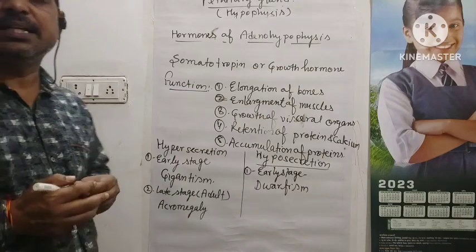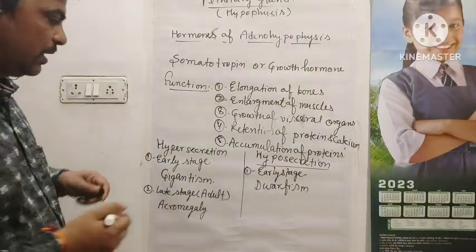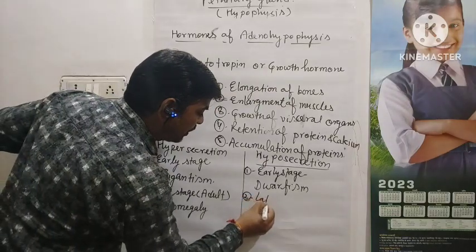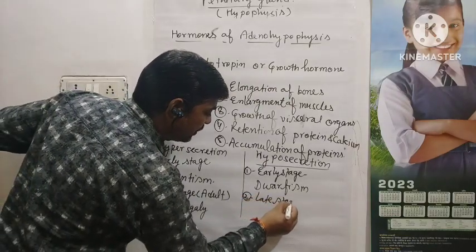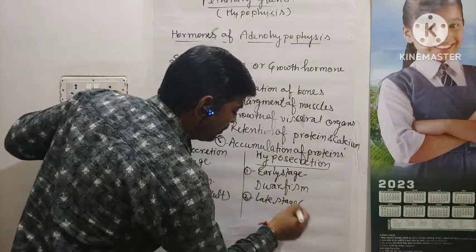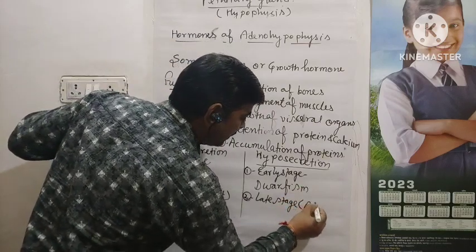That is the retarded body growth, height. And second is the hyposecretion in late stage, that is after attaining the proper height, the adult.